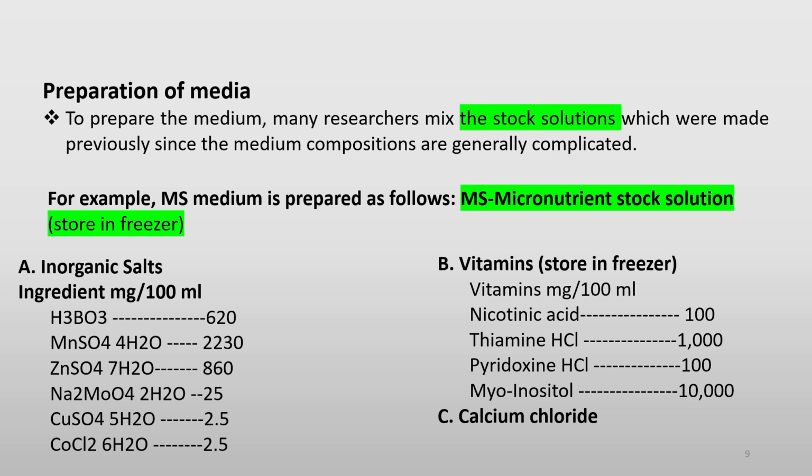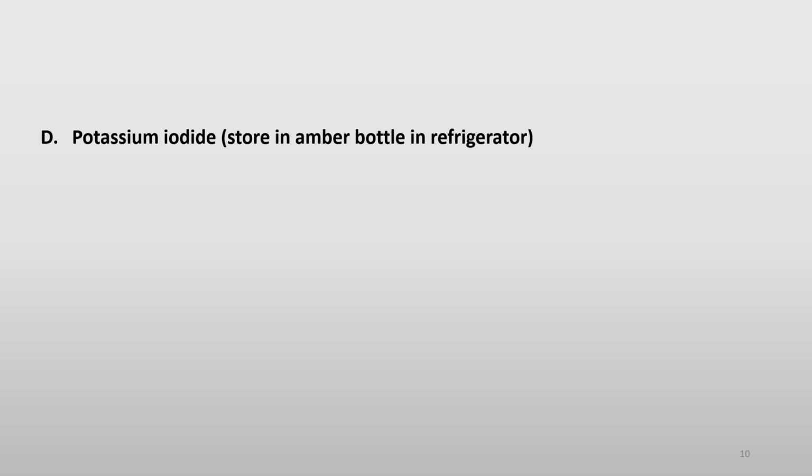Calcium chloride is separately prepared, calcium chloride 15 grams in 100 ml. Next solution, potassium iodide, stored in amber colored bottle and refrigerated because it is light sensitive. Potassium iodide, not chloride, 75 milligram in 100 ml.